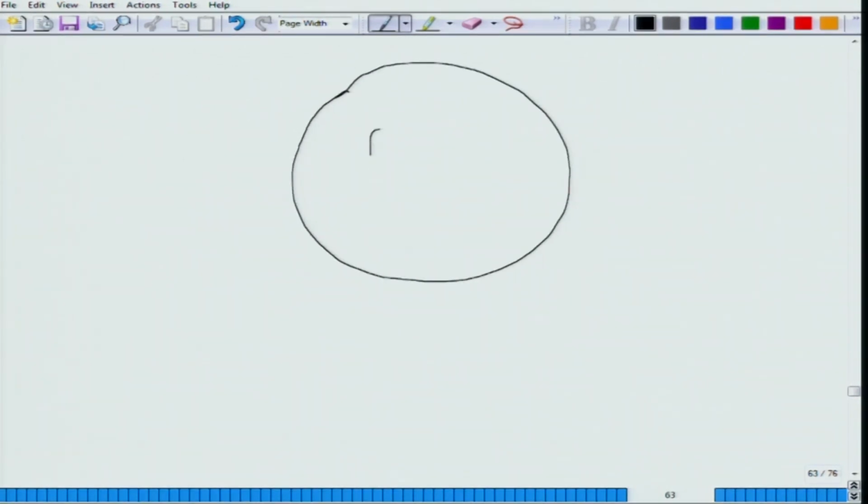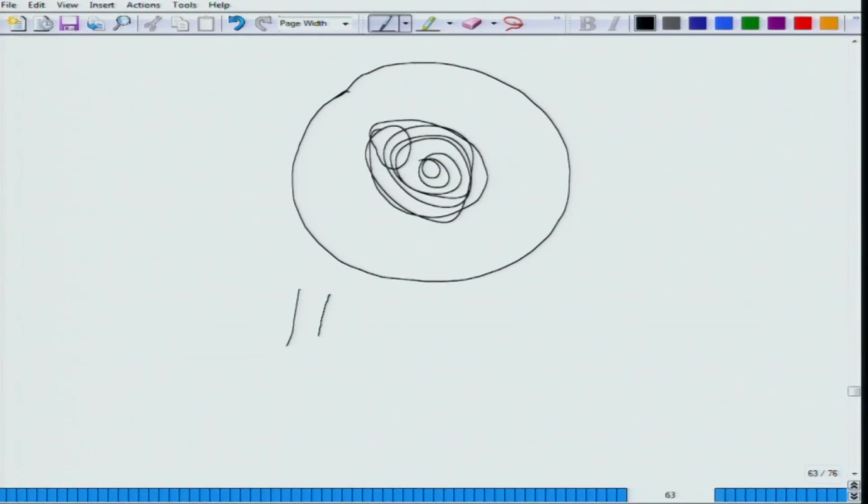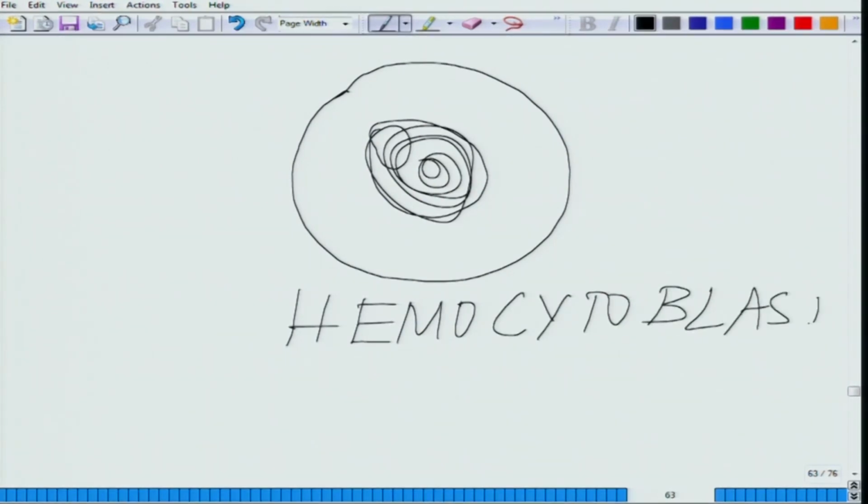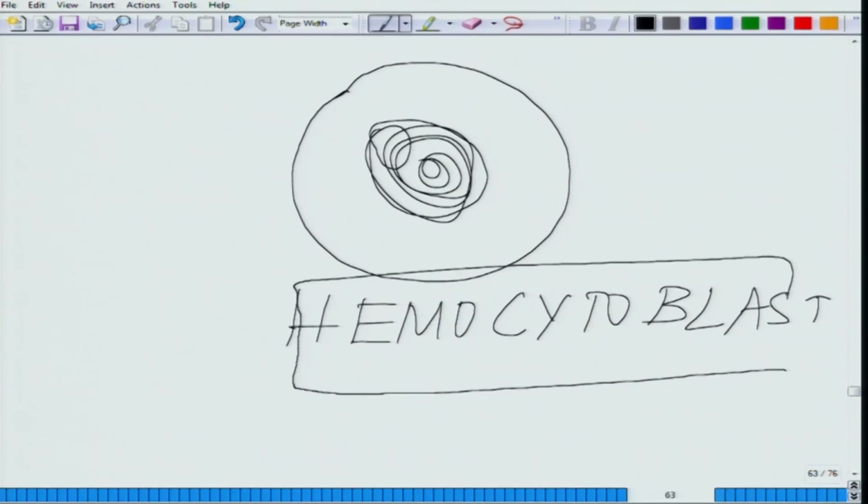It starts with something called a hemocytoblast. It is a huge cell. This is the nucleus. Hemo means blood. This is the beginning point in the bone marrow.